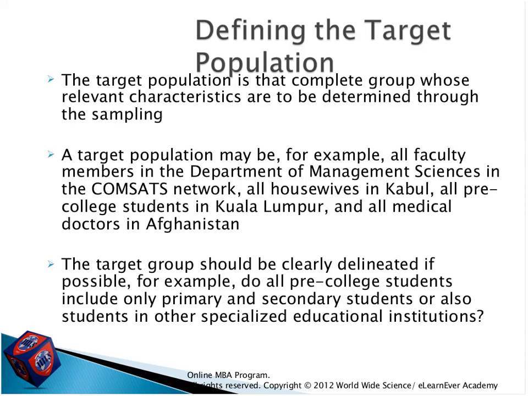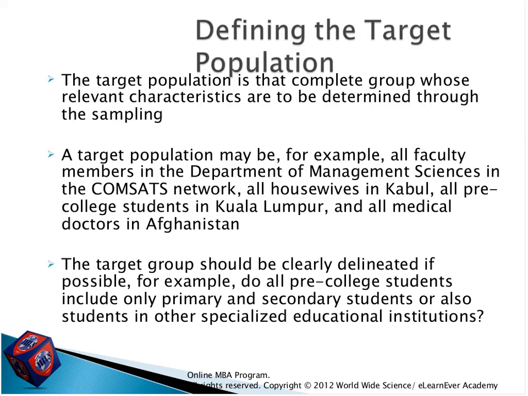The target group should be clearly delimited, if possible. For example, do all pre-college students include only primary or secondary students, or also students in other specialized educational institutions? So when you want to choose the target population, you should be very clear about which characteristic of your main population or parent population this target population will carry.